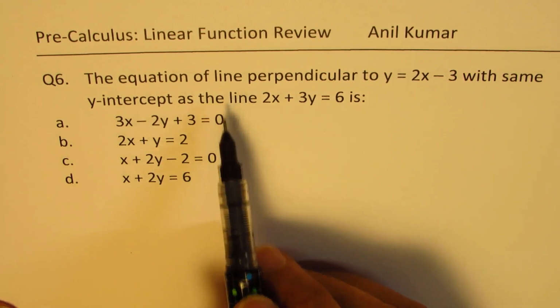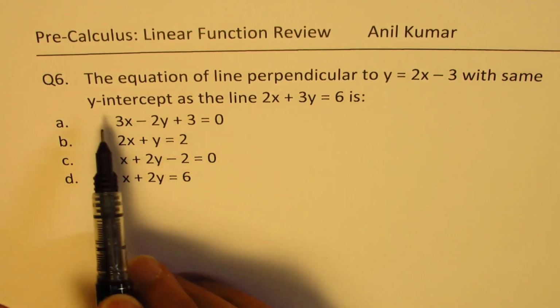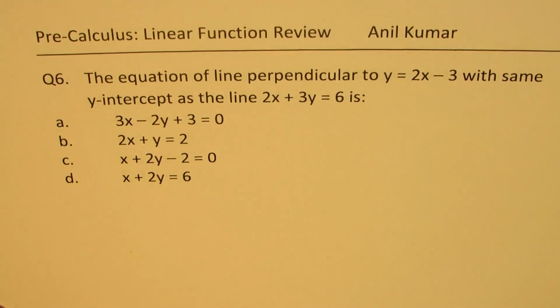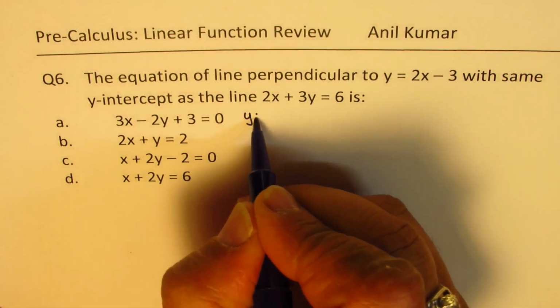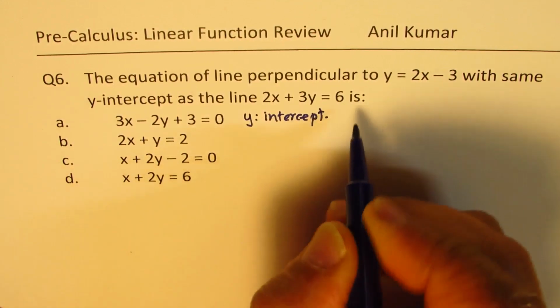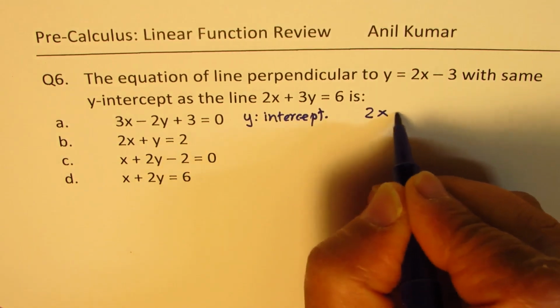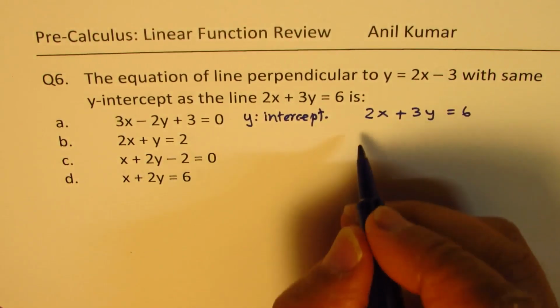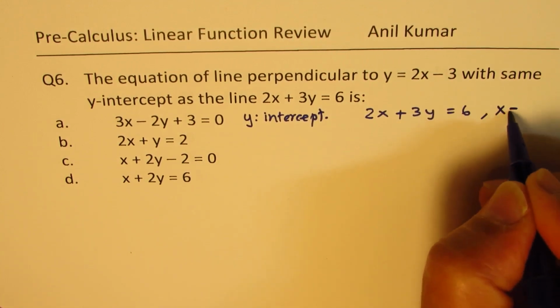The equation of a line perpendicular to the given line with y-intercept as that of this line. So first, let's find the y-intercept. We are given the line 2x + 3y = 6. To find the y-intercept, put x equals 0.